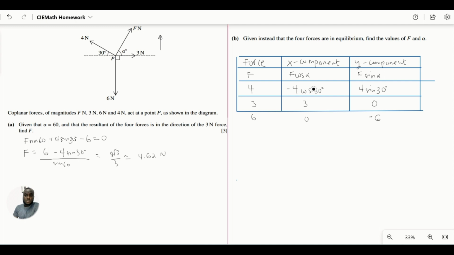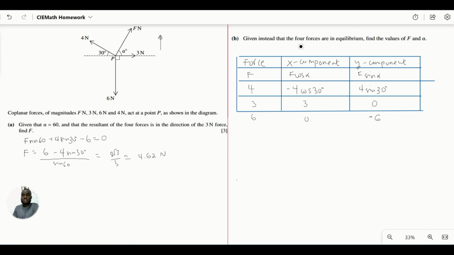Now we couldn't have used the x component directly because all we know is that the net force acting on this particle has a component in that direction. As to what the value is in that direction, we don't know. And that's how come it's good for us to use what we are sure of, which is the fact that the component in the y direction is 0. So the value is 0. We have one equation involving just one variable, which is f. We solve that for the value of f.